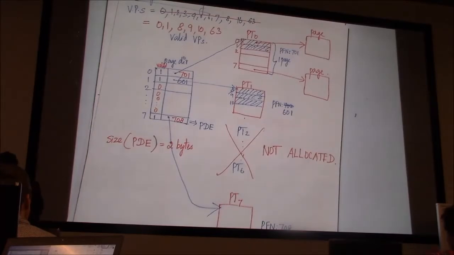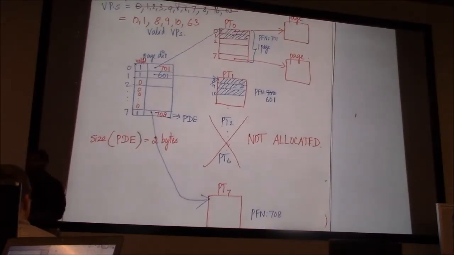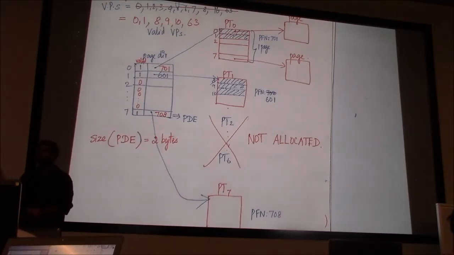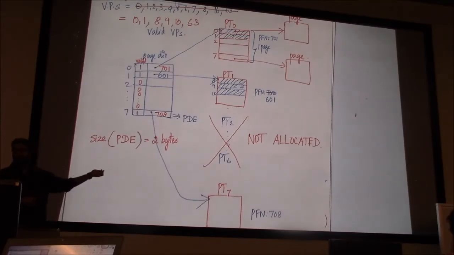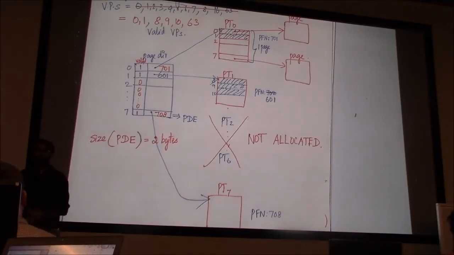So maybe I can ask you a question. Can you think of a scenario in which the memory space that we're going to use in a 2-level page table will be more than the memory that we'll be using in a linear page table?